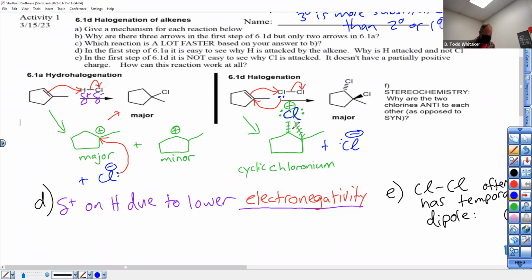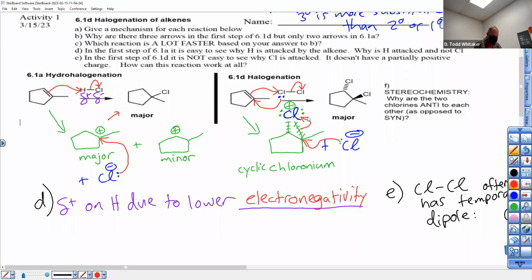It doesn't, this is just a triangle, right? You said it's a triangle? It's got strain. It doesn't want to stay like this. The way to relieve the strain is to come in from the back side of the bond that I'm about to break. This bond is breaking and becoming a lone pair. Okay?